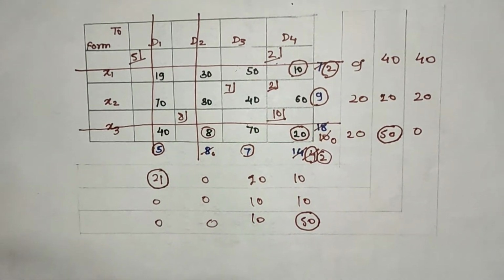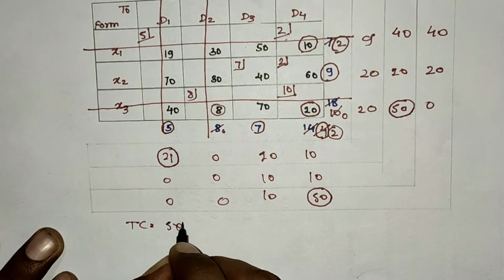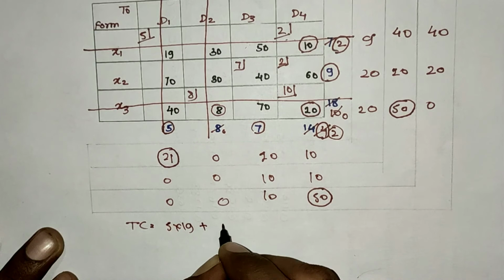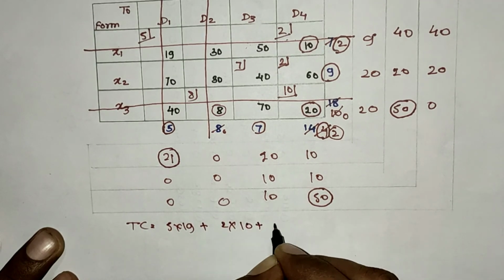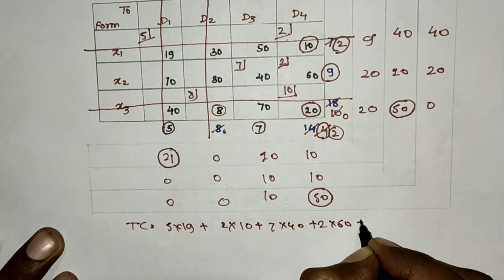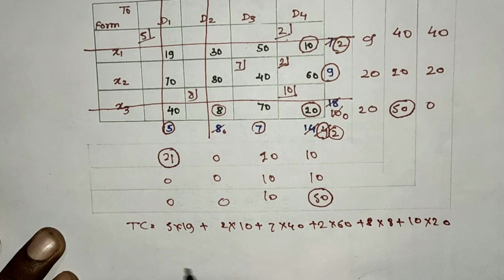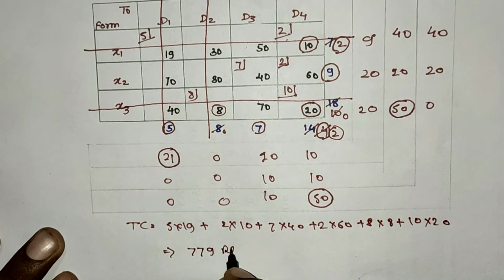Now let's find the transportation cost. So transportation cost equals 5 into 19 plus 2 into 10 plus 7 into 40 plus 2 into 60 plus 8 into 8 plus 10 into 20. So the total cost we got is 779 rupees.